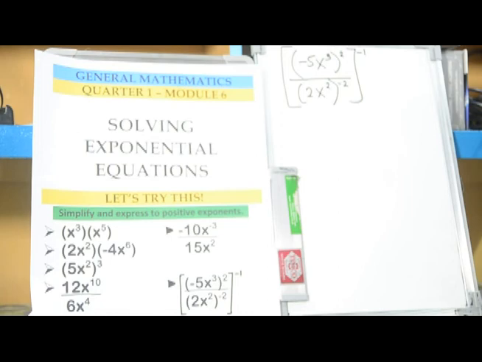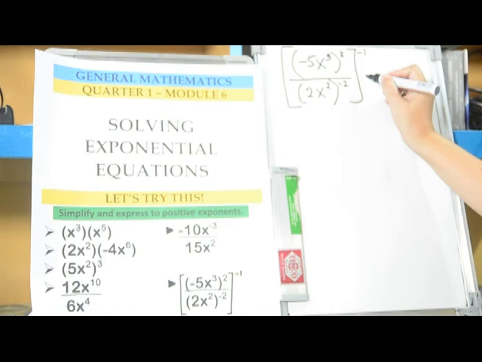So if you will be given an expression which is quite complicated, so simply you have to solve first the internal of the expression, then lastly would be the external one. So first is this one here.